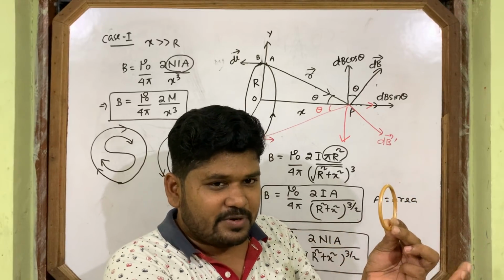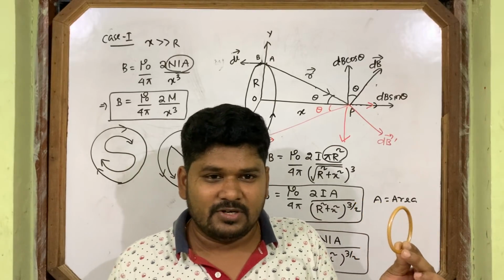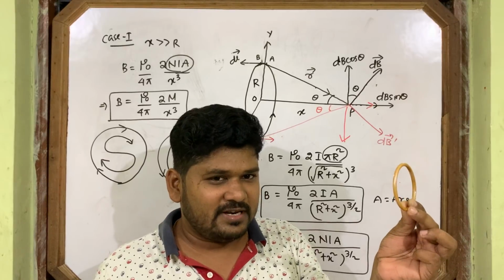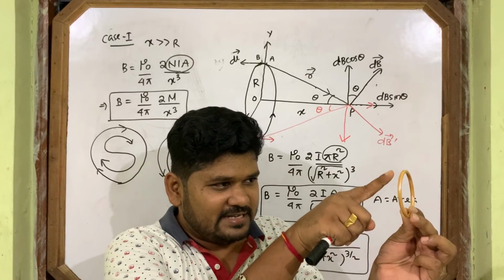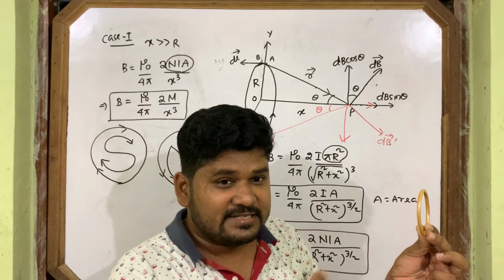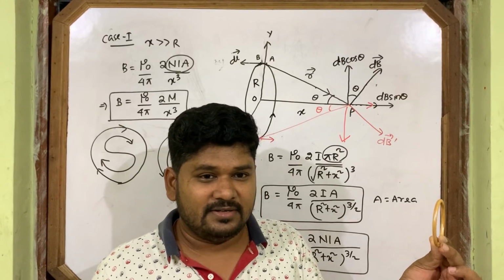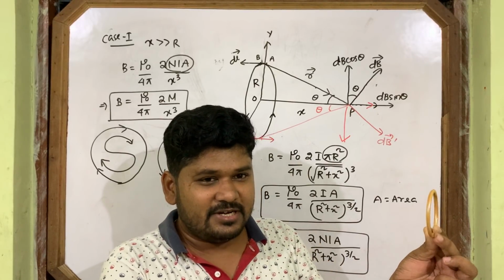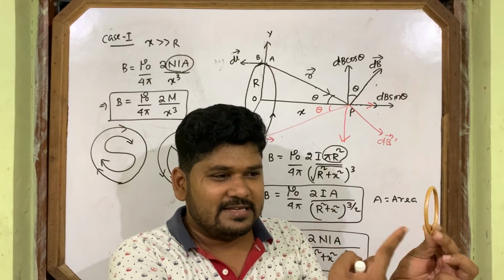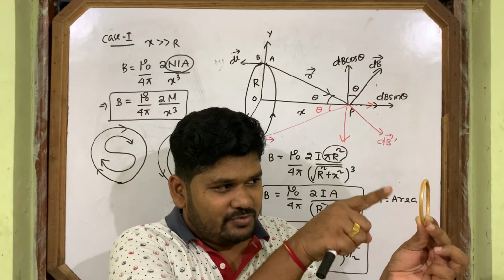But keep somebody in front of you, maybe your little brother or sister or mother or father, anybody. Hold the circular coil like this. If the current is passing like this, it is clockwise from my side, but if you ask the person standing in front of me in which direction the current flows, when you say clockwise, he or she will say anti-clockwise.